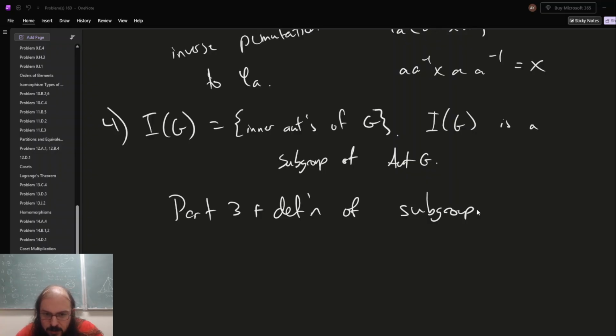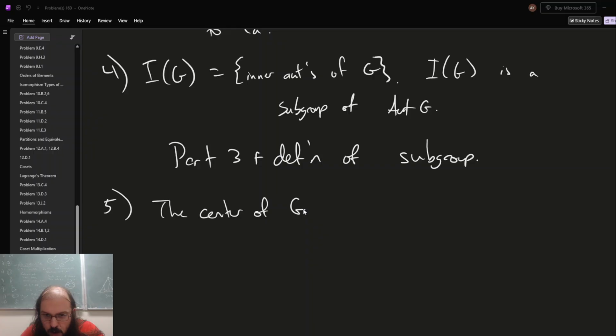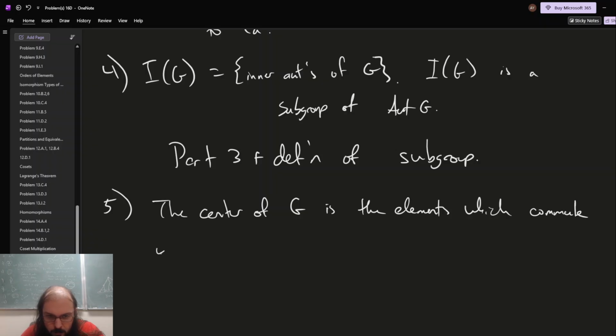Now, part 5 says the center of G is the set of all elements that commute with everything. We have a definition.